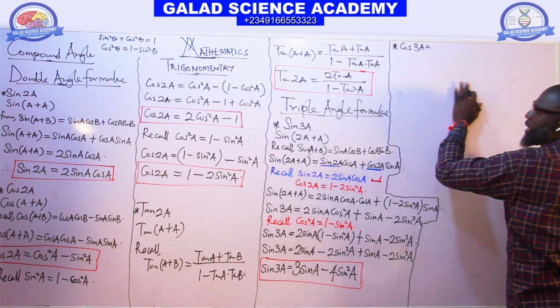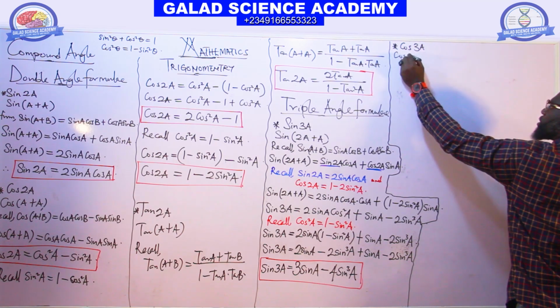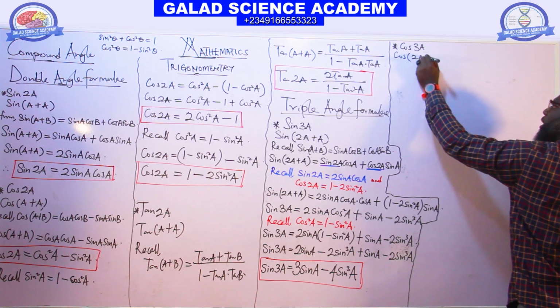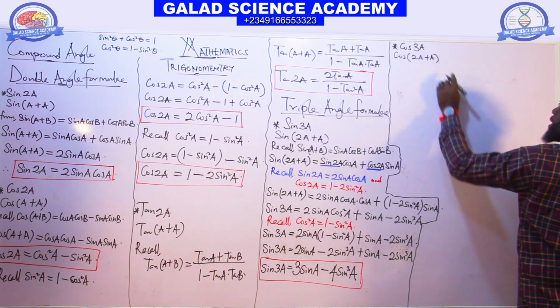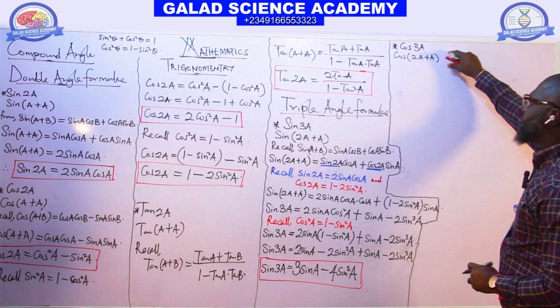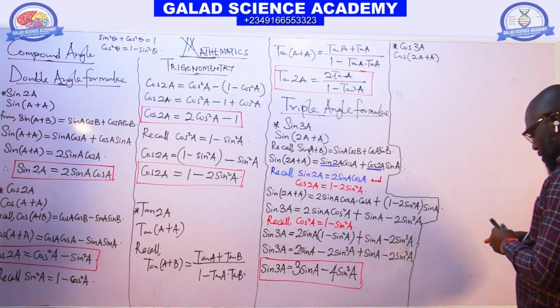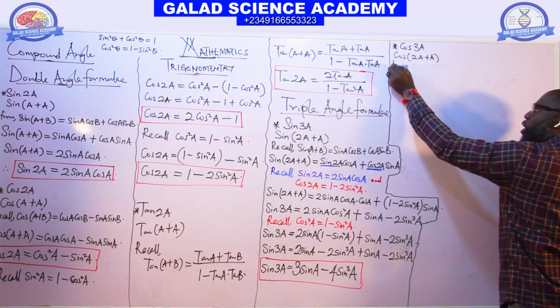To know cos 3A, it is the same thing as cos of 2A plus A. So what is the identity for this? You now say, recall.